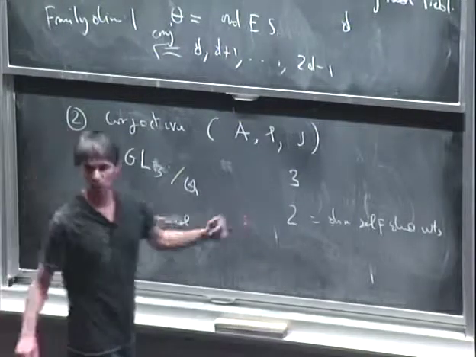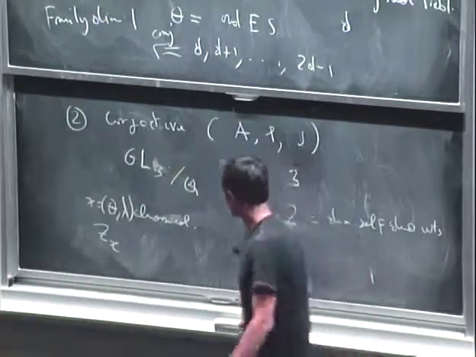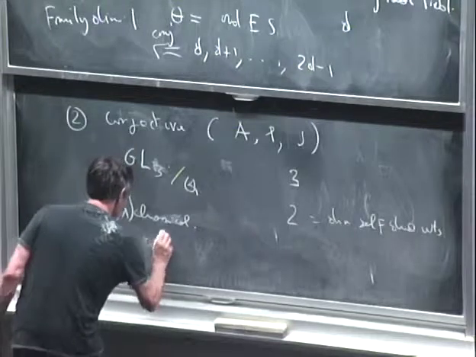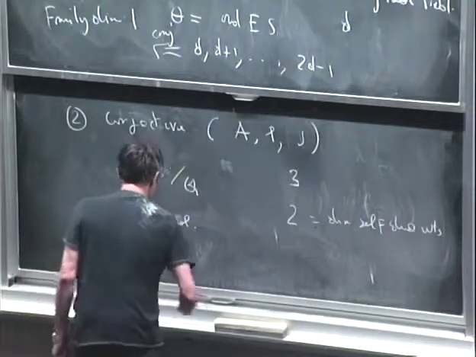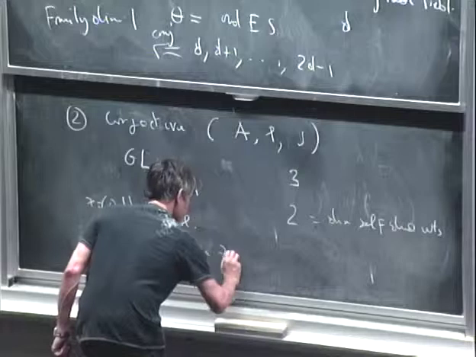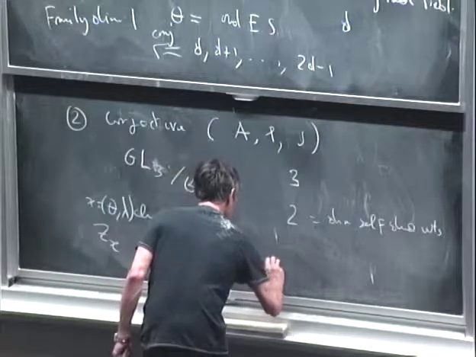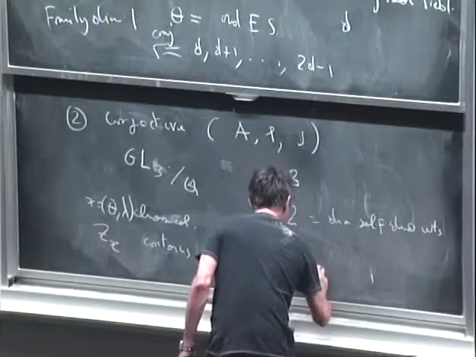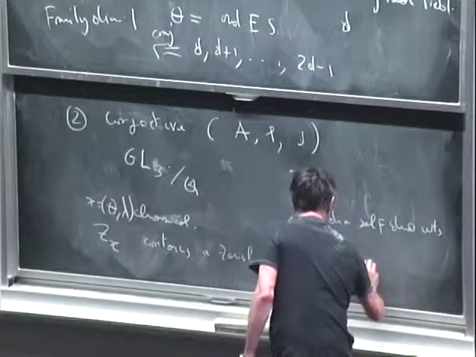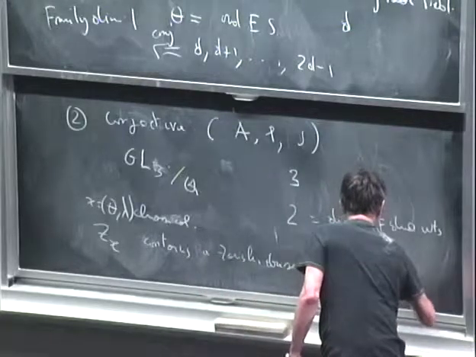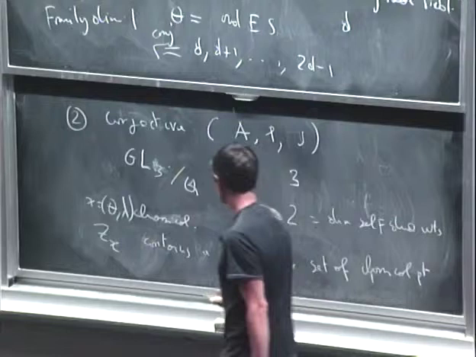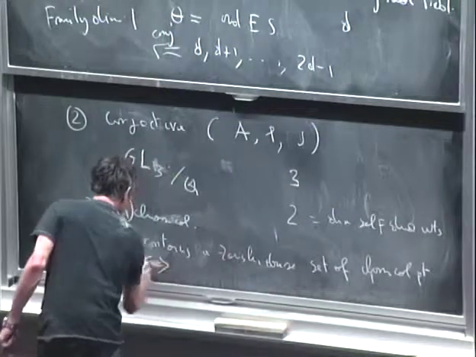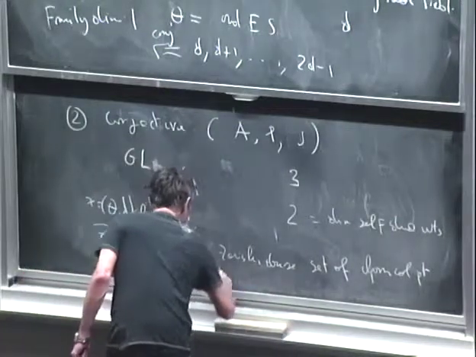We know it has to be dimension 2. And so this contains a Zariski-dense set of classical points if and only if theta is self-dual.